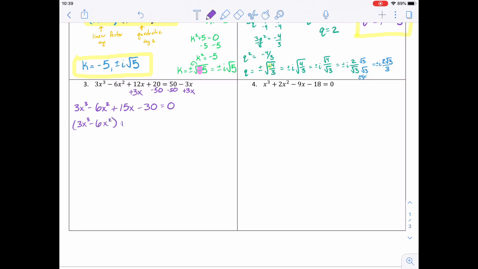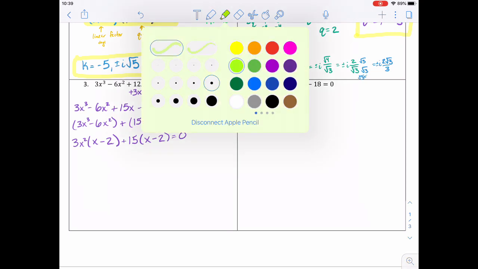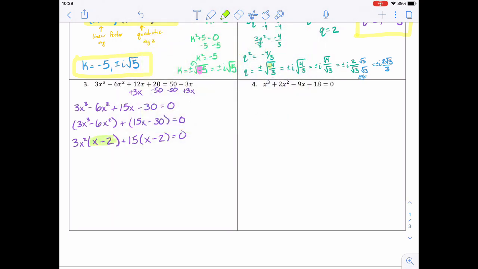Again, you can group differently if you like, just so long as they have a common factor. Now we need to identify our GCFs. For our first pairing, our GCF is 3x squared, and we're left with x minus 2. For our second pair, our GCF is 15. We're left with x minus 2. We got what we needed, a common linear factor of x minus 2.